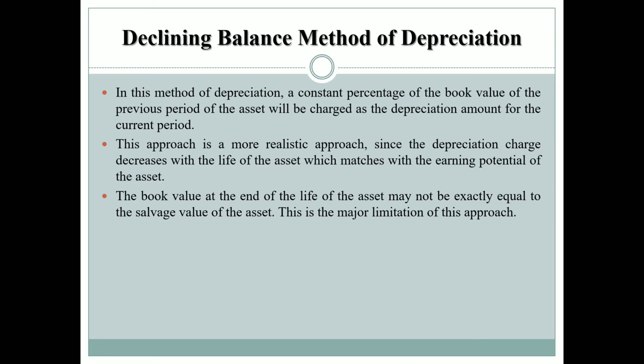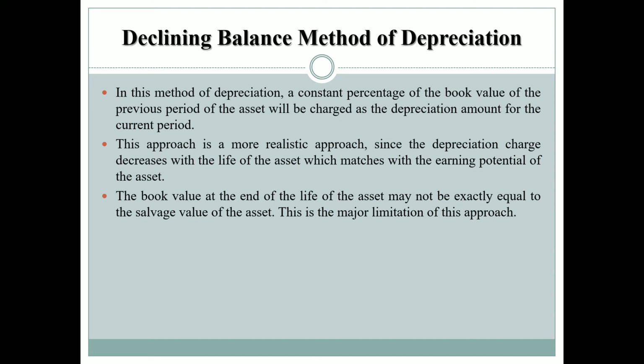So we'll go for the second one, that is the declining balance method of depreciation. Whereas in the straight line method a constant amount is declined every year, in the declining balance method a constant percentage of the book value of the previous period of the asset will be charged as the depreciation amount for the current period. So there a fixed amount is declined, here a constant percentage is declined.